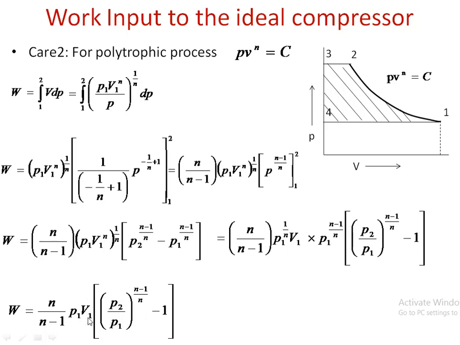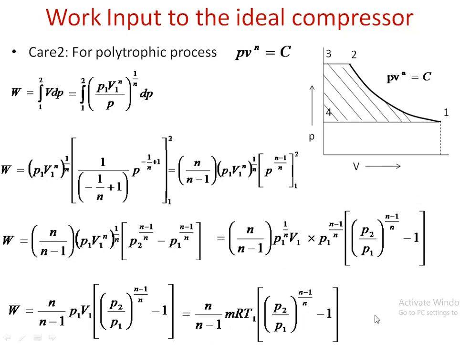Now if we look at P1 V1, from the ideal gas equation we know that PV is equal to mRT. So we can substitute here. This will become n by n minus 1 into mRT1. For the initial state, P1 V1 is equal to mRT1, temperature at state 1.